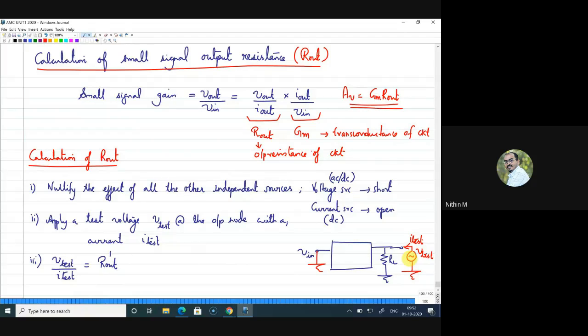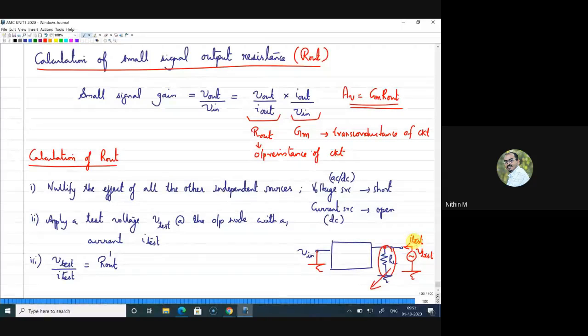So first, if I look at this RL resistance component, you can see that RL is in parallel to the applied voltage V test, right? So now when I find V test by I test, I will get the entire resistance of the circuit. You can see that this RL is anyway in parallel to that. So what we generally do is we keep RL separate, and then we do this measurement V test by I test.